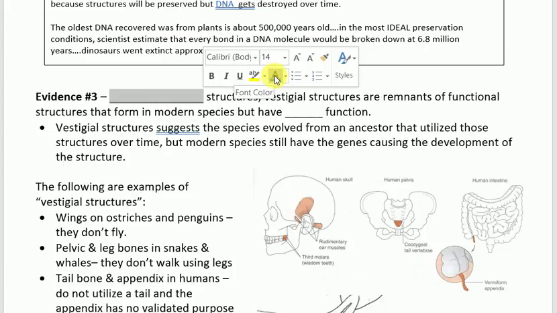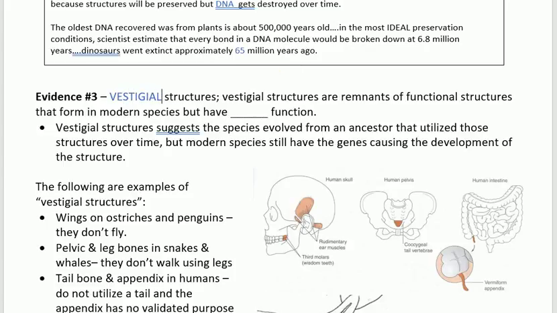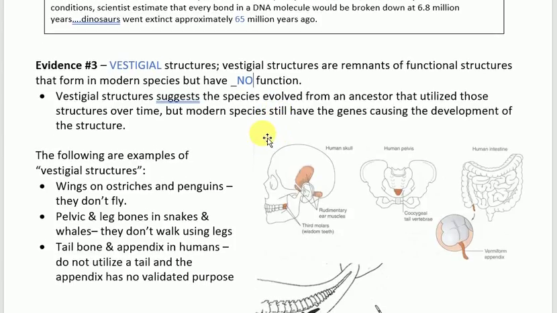Evidence number 3 is the vestigial structures. So these are remnants of functional structures that form in modern species, but they have no discernible function. So these structures suggest that the species evolved from an ancestor that did utilize those structures, but that modern species still have the genes that cause the development of the structure.